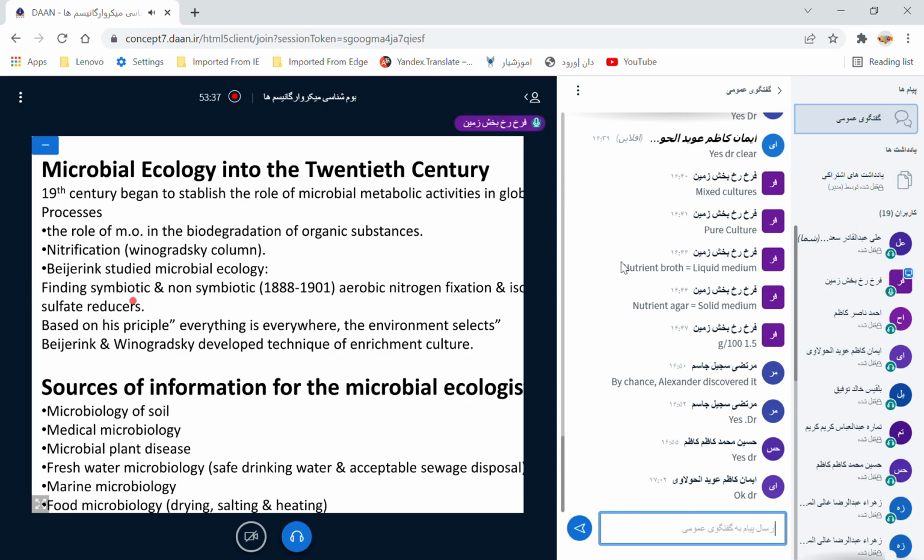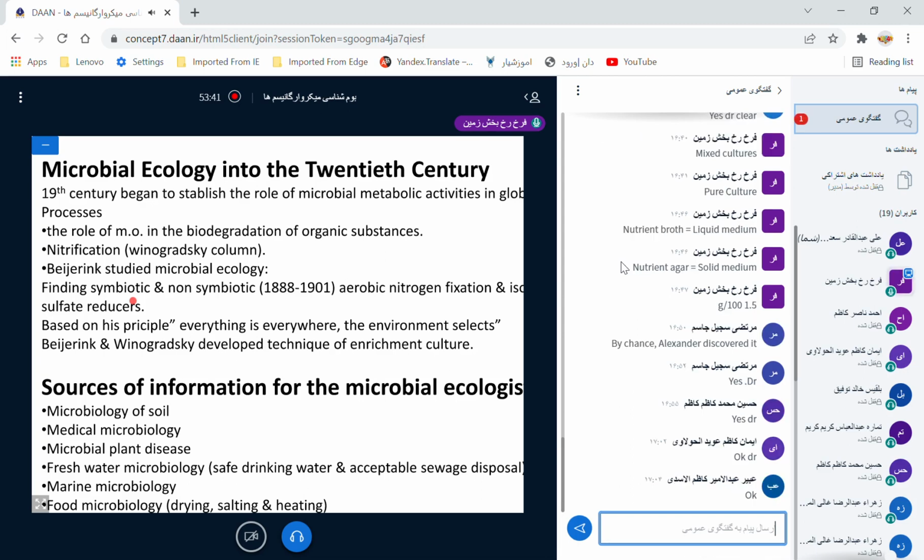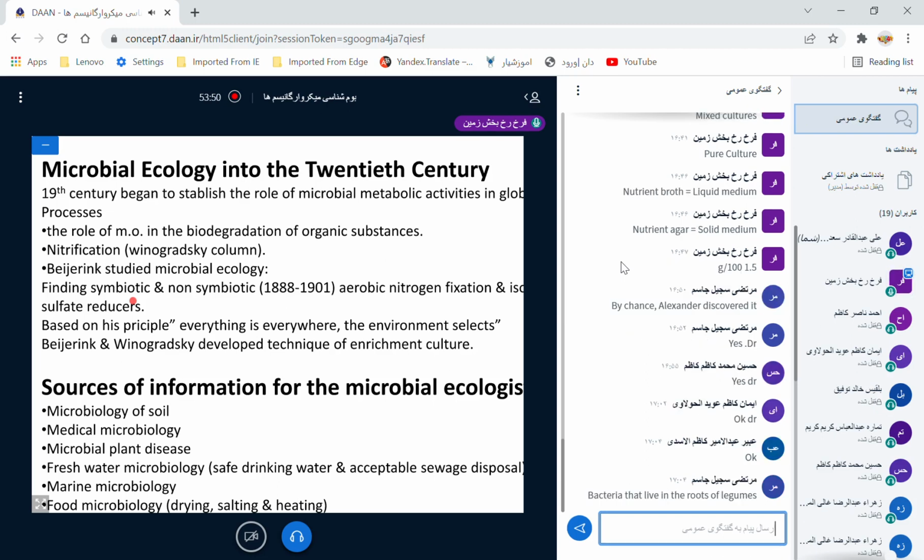It is like a fertilizer. You see, agriculture people buy nitrate and phosphate fertilizers. So these microbes work as fertilizers.